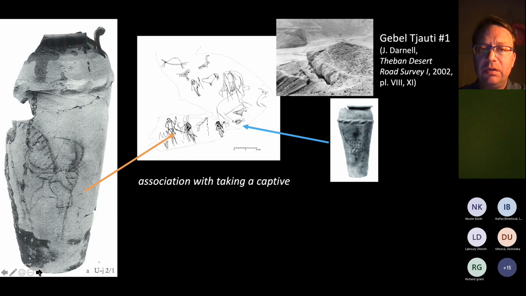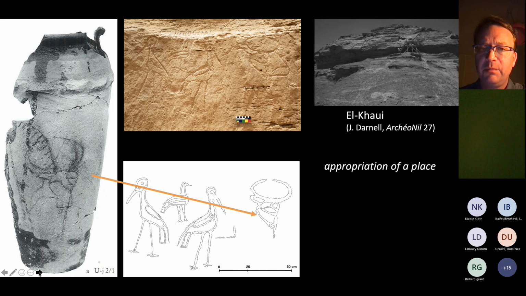All sorts of signs in Jebel Chauti that you find also in UJ. And the bucranium monopole, you also have it in this inscription of Al-Khawiyan, which I will say much more about later on, where it probably marks a place and therefore is a sign of an appropriation of a place by some group of people. Let's not forget that we're just on the opposite side of the river relative to Hierakonpolis here.